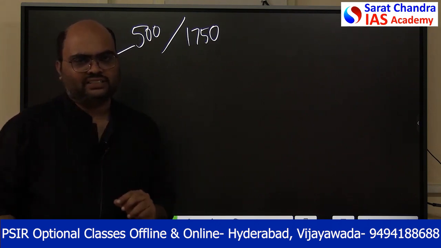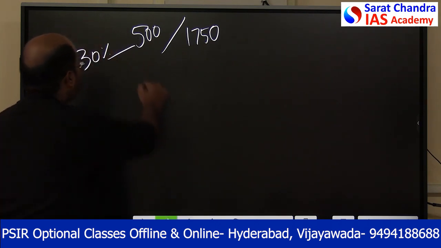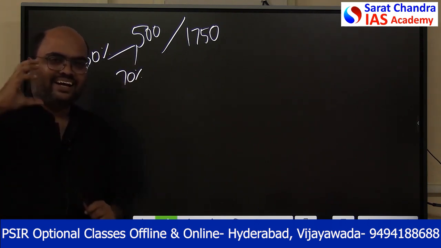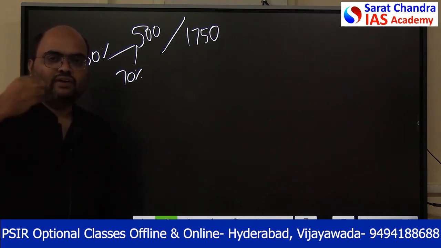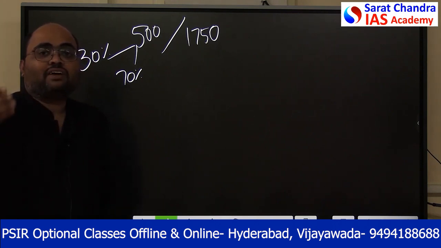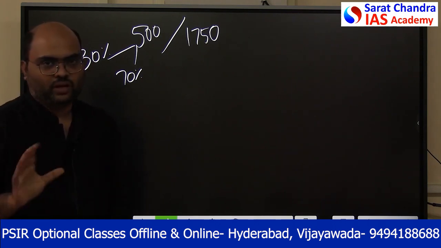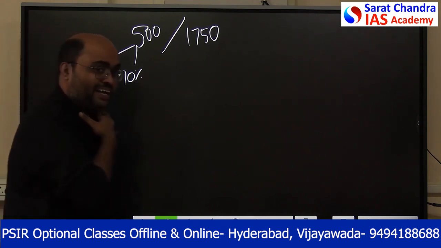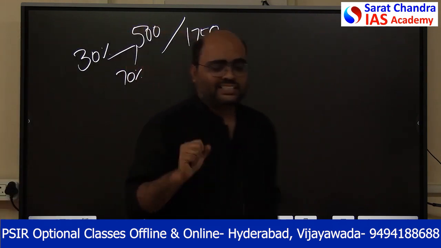The remaining 70% of the syllabus can be covered from other subjects. So, that reduces the burden on our efforts and our time, and we have a better chance of completing the syllabus very easily.